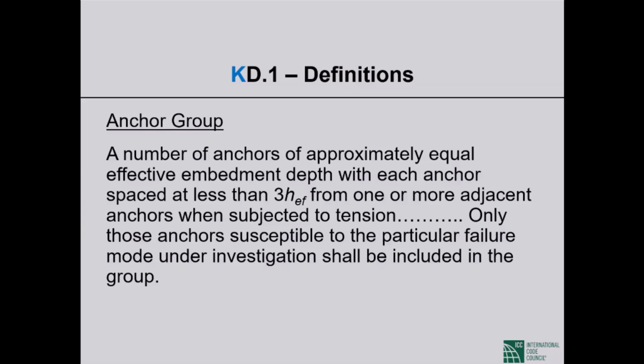Only those anchors susceptible to the particular failure mode under investigation shall be included in the group. That part I think is understandable upon reading. So a group is defined by a spacing less than 3 times the embedment depth.